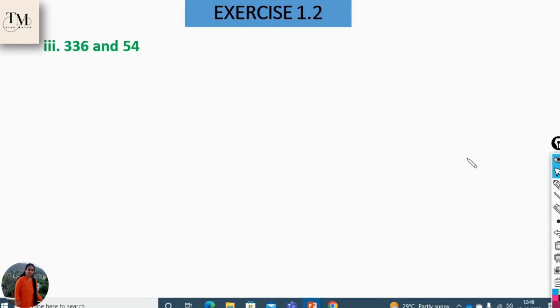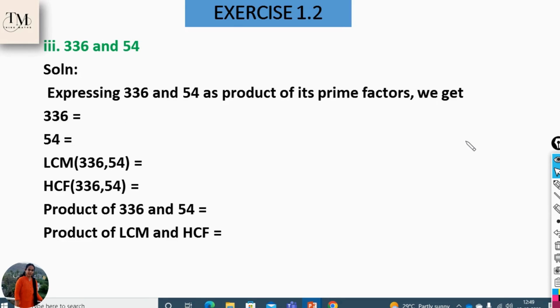So it is 336 and 54. So first we have to factorize this. Let me take the first number 336. Starting with 2. 1 2s are 2, balance 1. 6 2s are 12, balance 1. 8 2s are 16. Again I take 2. 8 2s are 16. 4 2s are 8.